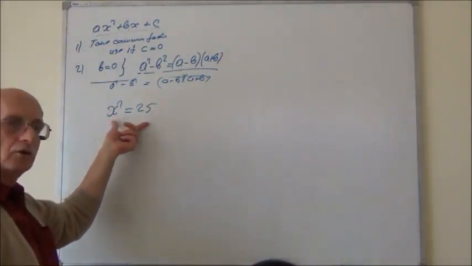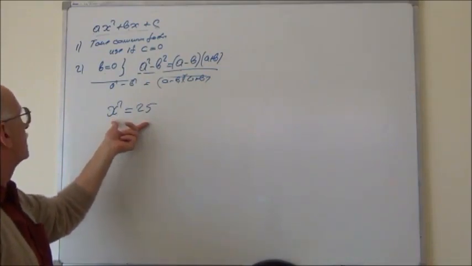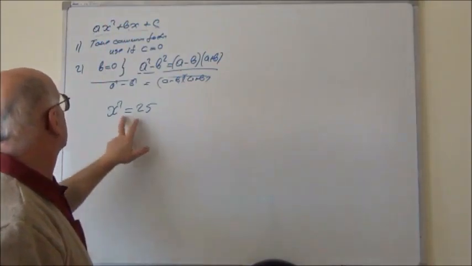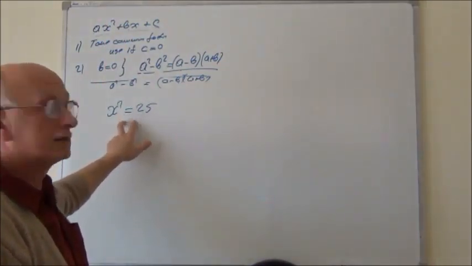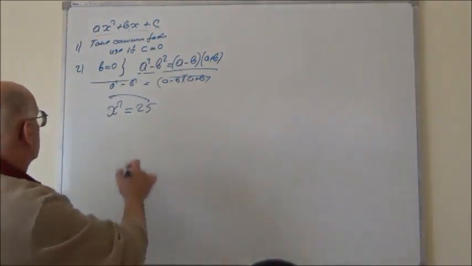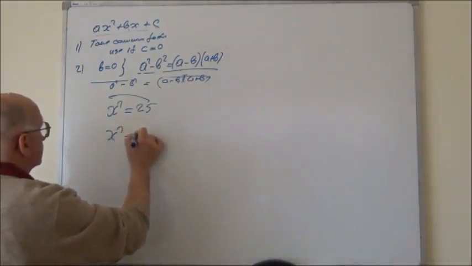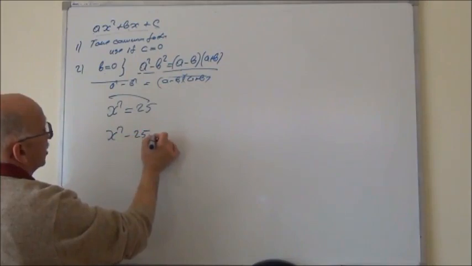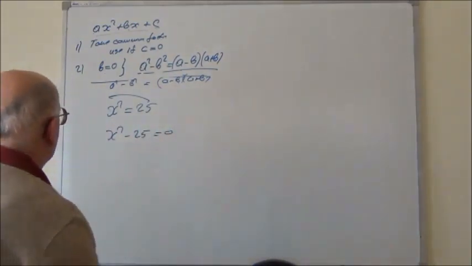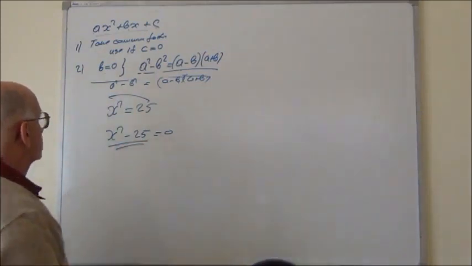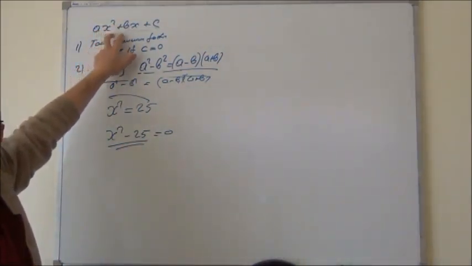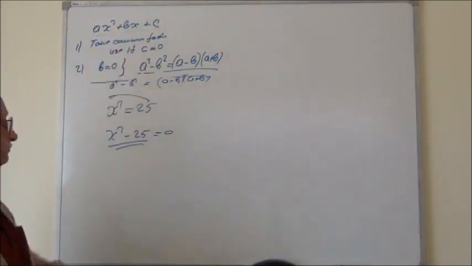But if we want to factorize that equation, just to focus a little bit on this from the beginning, we can't factorize like this, so we have to move 25 to the other side to form the expression x squared minus 25. Of course it will be equal to 0, but we are not really interested in the equation, and then we can factorize. That's why at the beginning I said it must always be in that form.